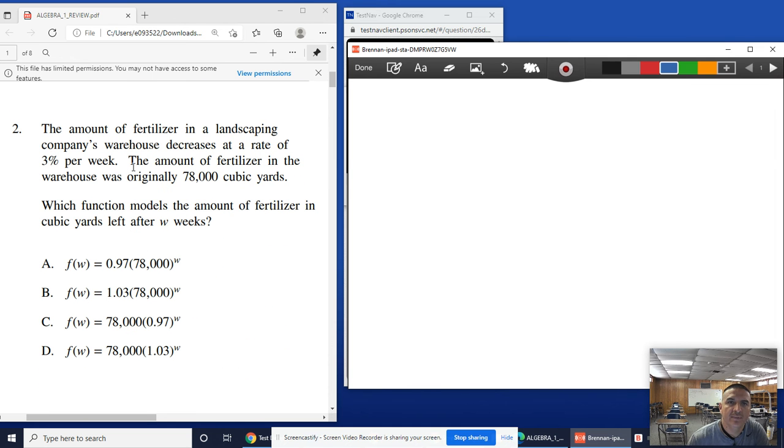Number two, the amount of fertilizer in a landscaping company's warehouse decreases at a rate of 3% per week. The amount of fertilizer in the warehouse was originally 78,000 cubic yards. Which function models the amount of fertilizer? Same thing. Use the calculators for these, right? You know you have 78,000.